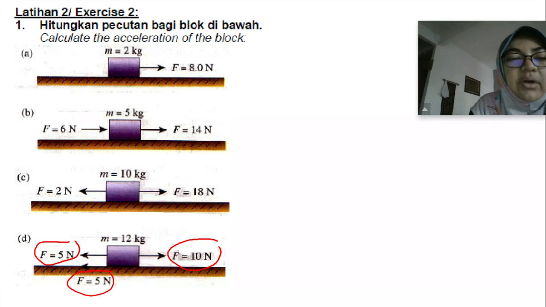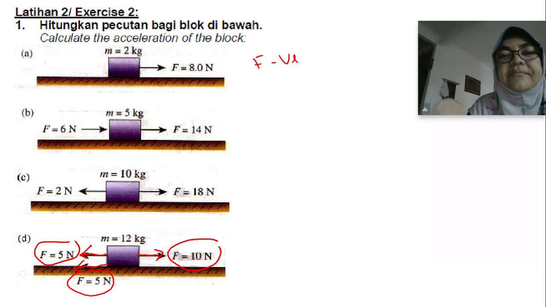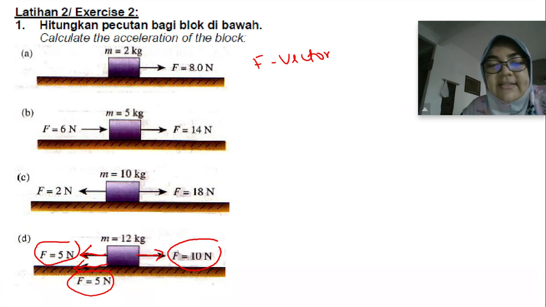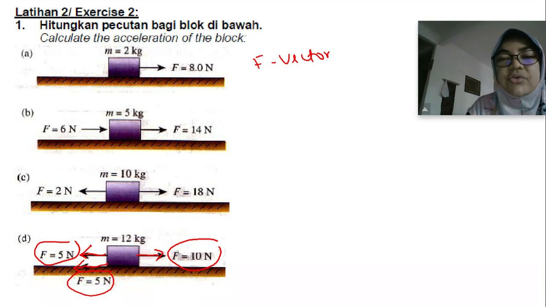Two forces are to the left and one force to the right. Once again, force is a vector. So different direction, we must minus, same direction, we add. So total force for D is 10.